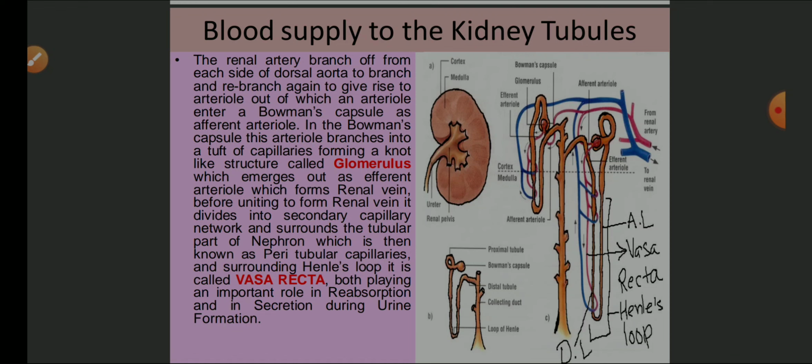Henle's loop has two parts, DL and AL. DL is descending limb, which is coming down from the proximal convoluted tubule, and ascending limb is the upper part of the Henle's loop, which is going up and forms the distal convoluted tubule. Vasa recta plays an important role in reabsorption and in the secretion for the formation of urine.